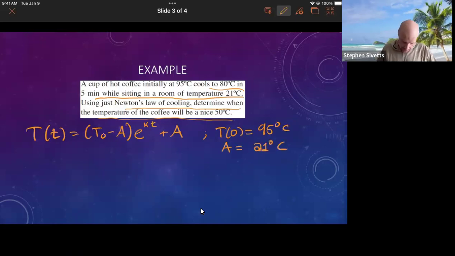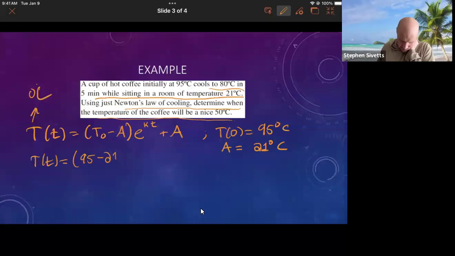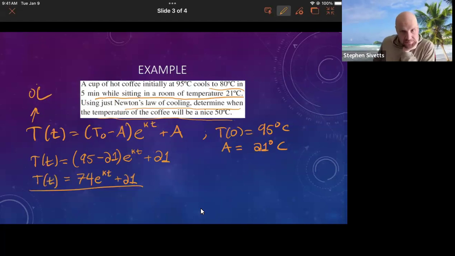So this function will be in degrees Celsius, and this equals 95 minus 21 times e to the KT plus 21, which is equal to 74 times e to the KT plus 21. And that's our function.